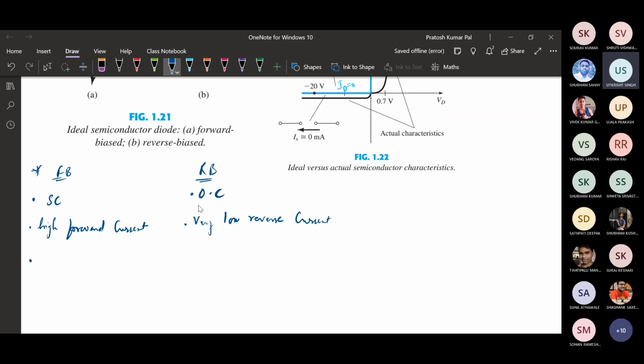And in the on case, it will be like a short circuit, or we can call it an on switch. It will be behaving like a switch that is in on mode, and in on mode current is allowed in only one direction.